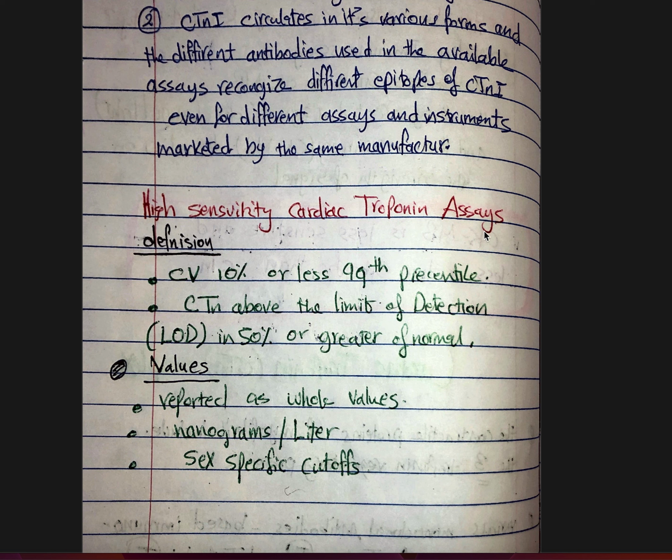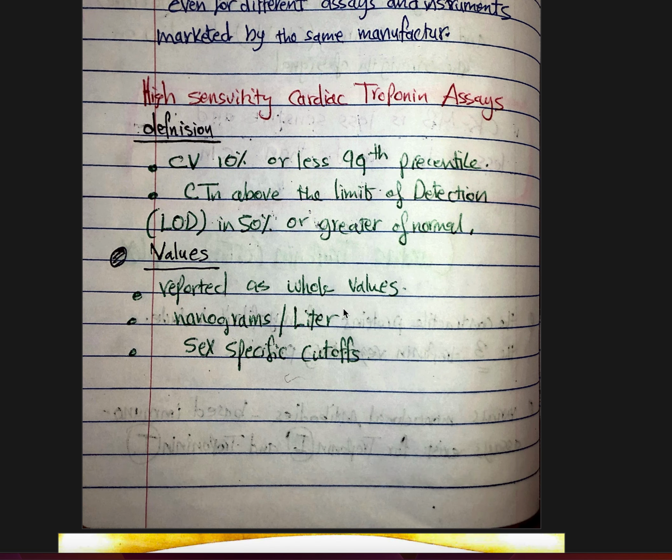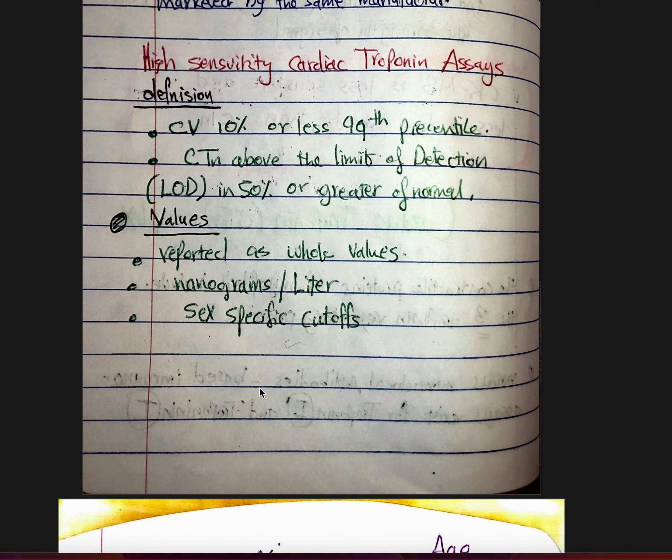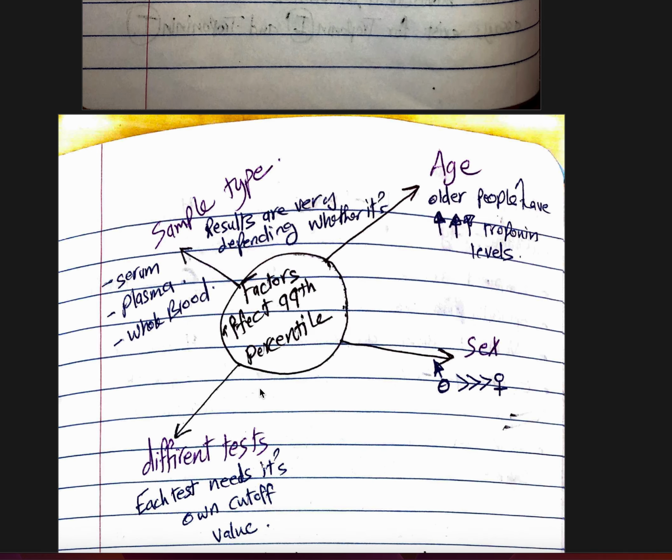They are high sensitivity because the CV, the coefficient of variation, is 10% or less at the 99th percentile, above the limit of detection, and 5% reported as values in nanograms per liter, with sex specific cut-offs. That is for the cardiac troponin.